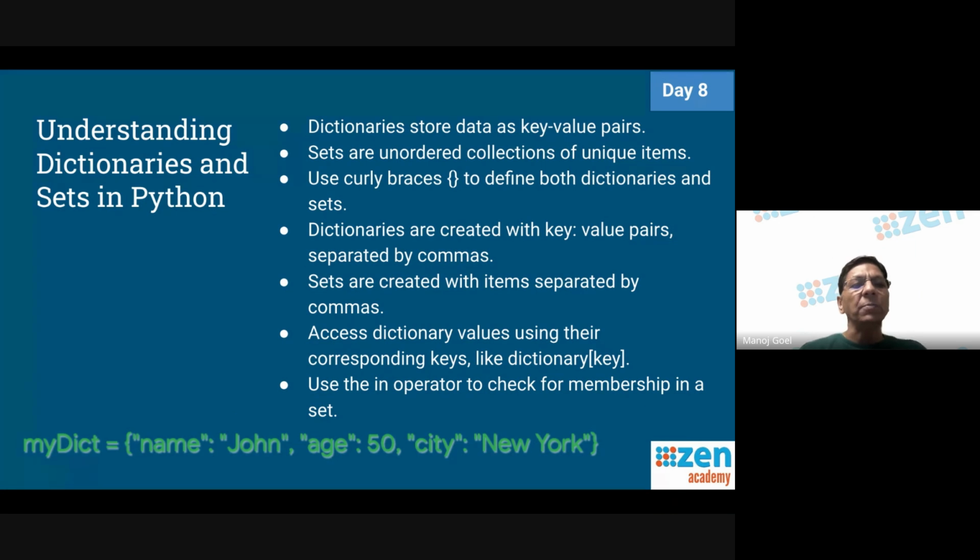So right now, this is a dictionary basically. I'm saying my dict equals name, colon, John, comma, age, colon, 50, and city, colon, New York. So here name is a key and John is its value. Age is the key, 50 is the value. City is the key and New York is the value.